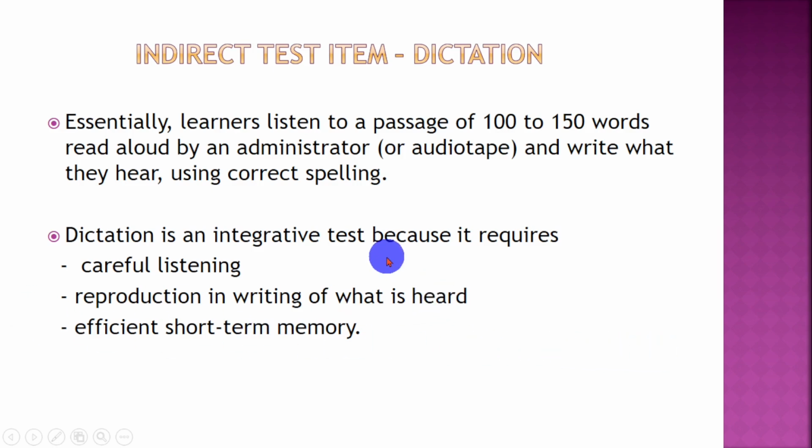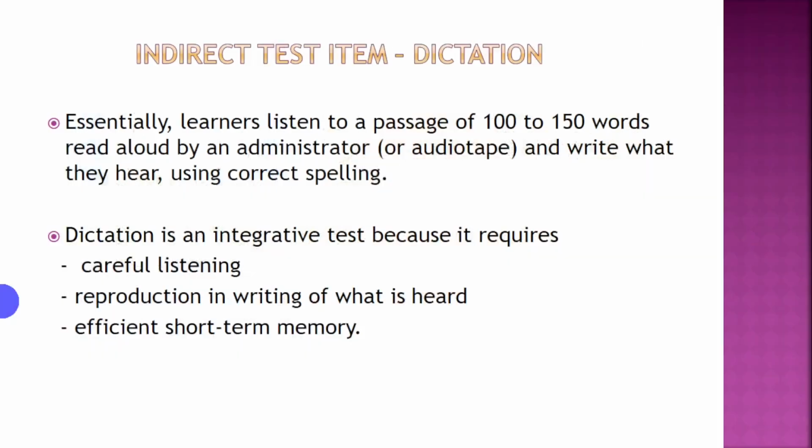Efficiency is a short movement. So, in this type of test, dictation is given. Essentially, learners listen to a passage of 100 to 200 words, which the administrator or audio reads loudly, and after the end they are asked to correct the spelling and give the context.